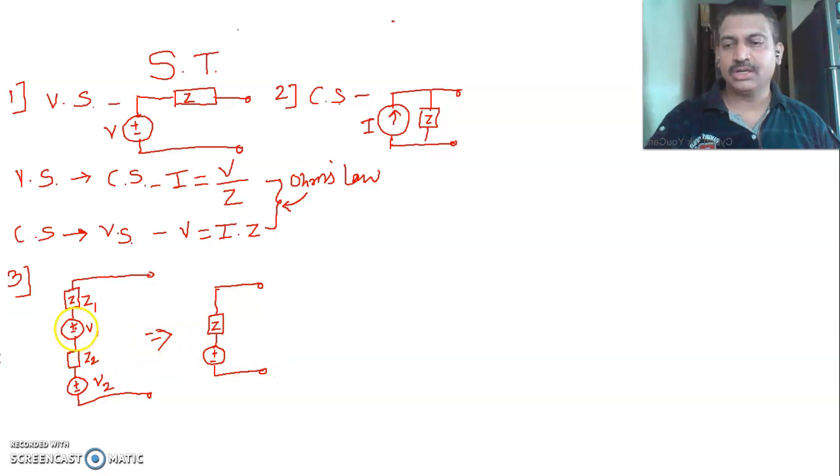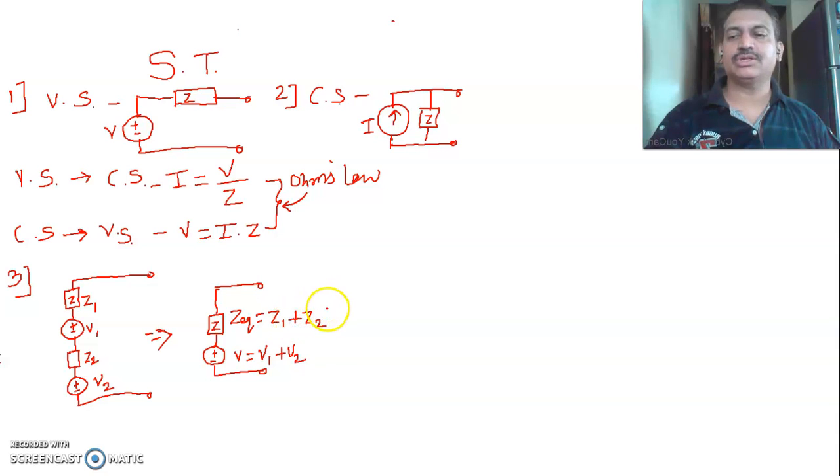Now just check. This V1 and V2 both are connected in series. So its equivalent is V, which can be calculated using Kirchhoff's voltage law. So V1 and V2, its equivalent is V is equal to V1 plus V2. Now if we see the impedance connection, Z1 and Z2 both are connected in series, and for series connection the equivalent impedance is Z equals Z1 plus Z2.